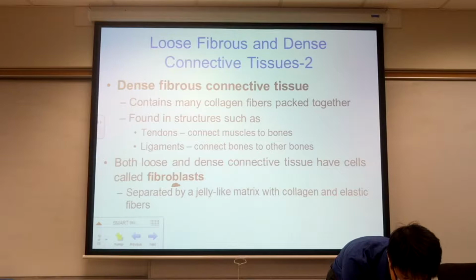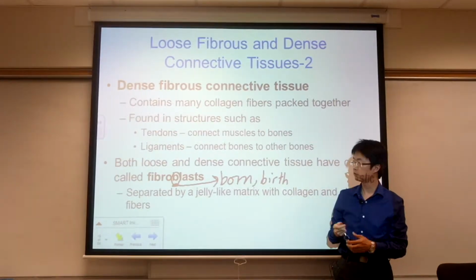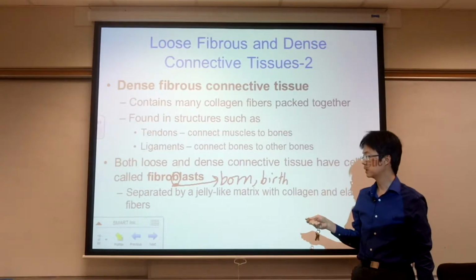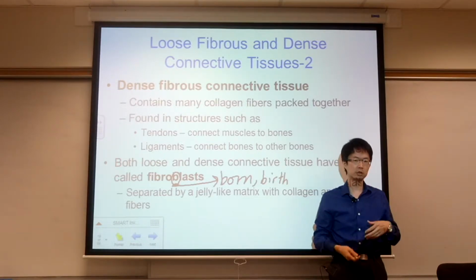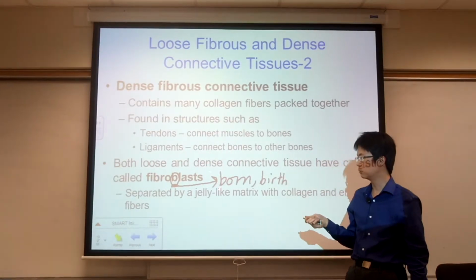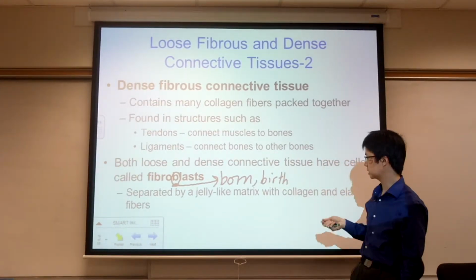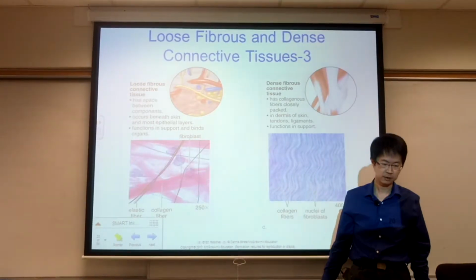So what does it give birth to? Fibro means fiber. So this kind of cell, fibroblasts, they will give birth to the fiber. They will make collagen, elastic fiber, and the reticular fiber and such.